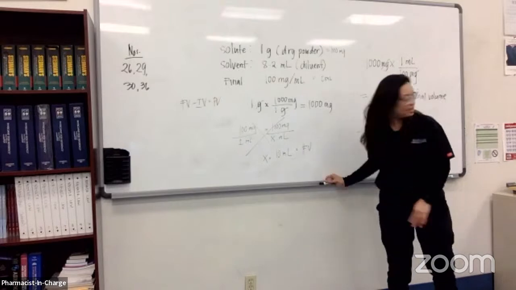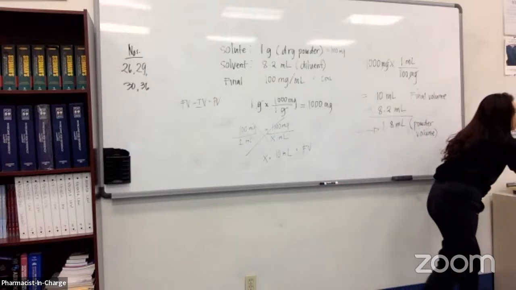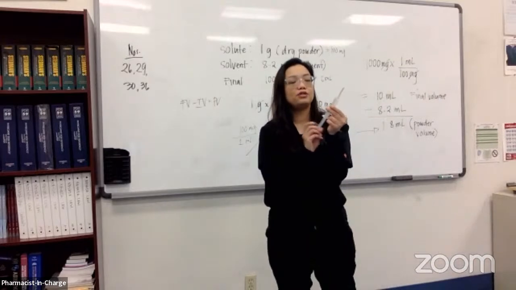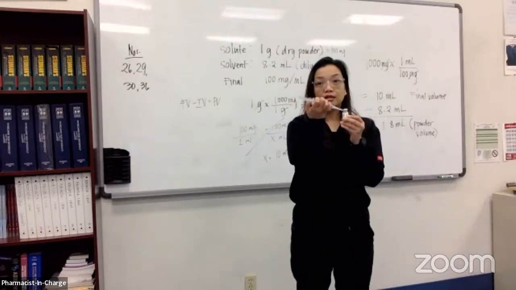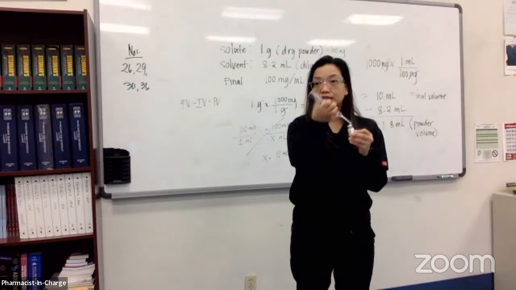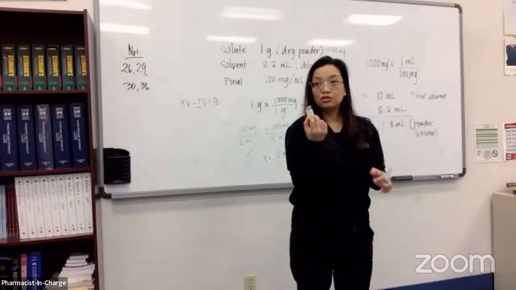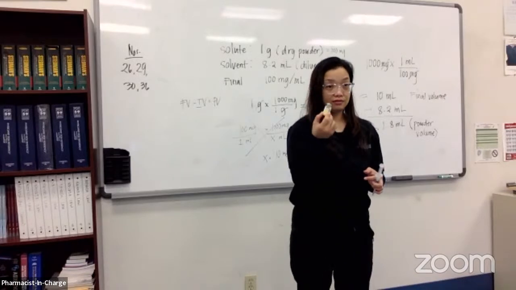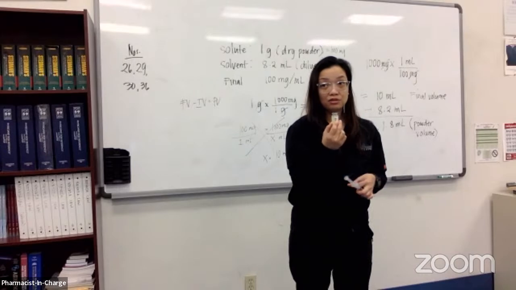Picture it better. For this 1 gram drug, I'm going to pull a diluent, which is 8.2 ml, and inject that in here. I'm going to swirl, and this powder will dissolve. You think it will be 8.2?